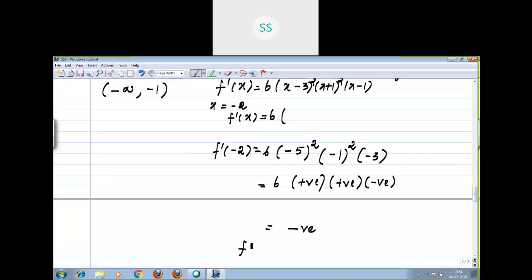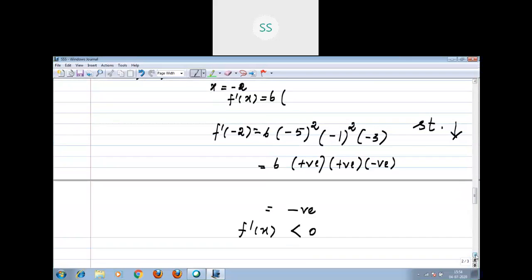If your derivative is negative, what is your conclusion? F dash of x is less than 0. What is the result for the function? It is strictly decreasing.